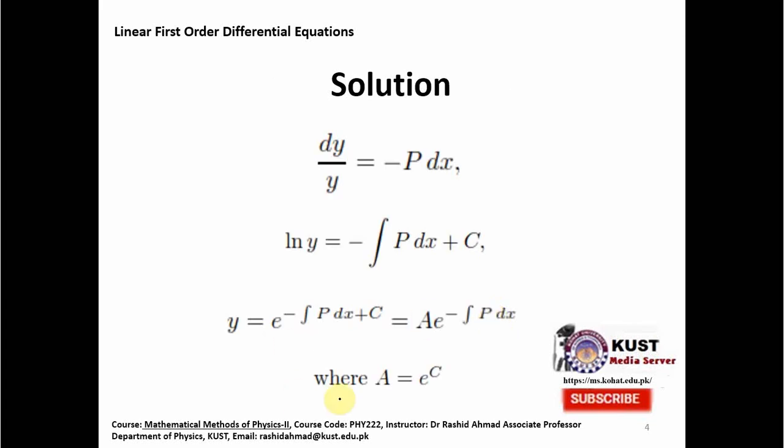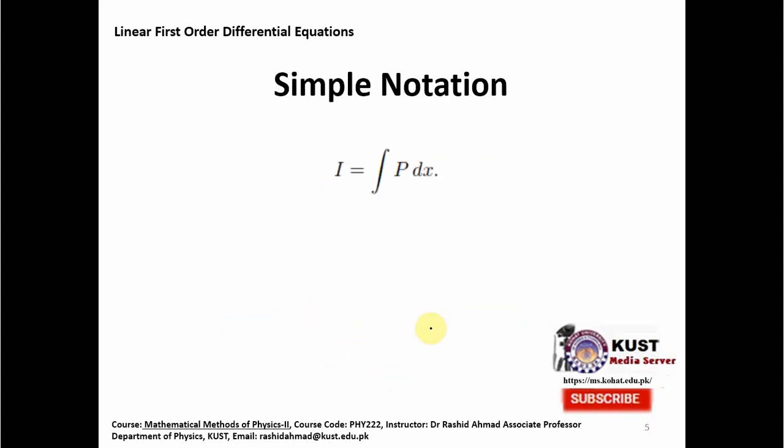So although we have already got this equation, before writing the most general solution of the first order linear differential equation, I would like to put it in a more convenient form. For this we use a simple notation, where let's call the integral of p dx equal to I. This symbol I also has a meaning; you will see why we use I as a symbol over here.